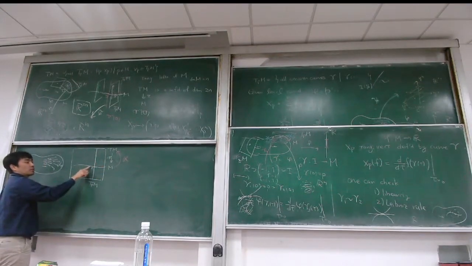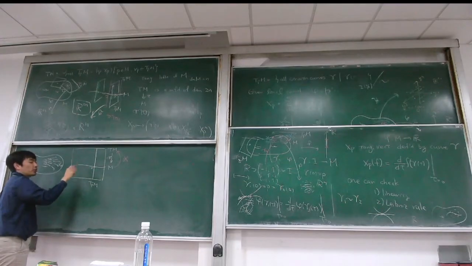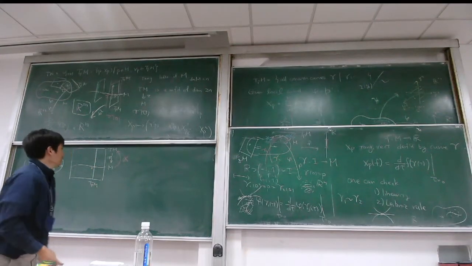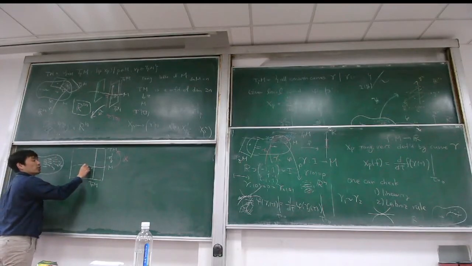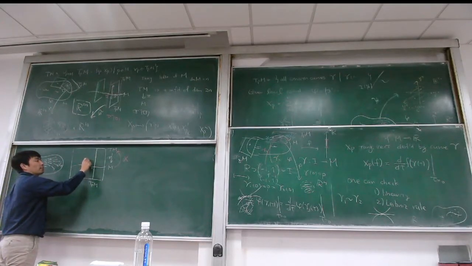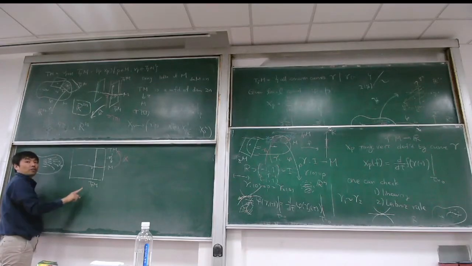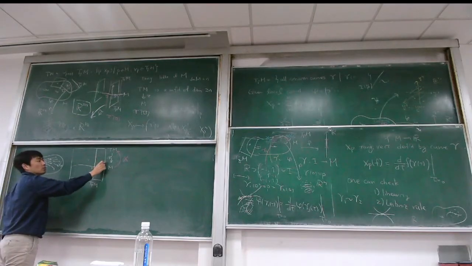M is some manifold here, and at each point one can define a map, P goes to some point around here. A point in M is mapped to a point in TM on the fiber direction. At the end of the day, one can define the so-called section.